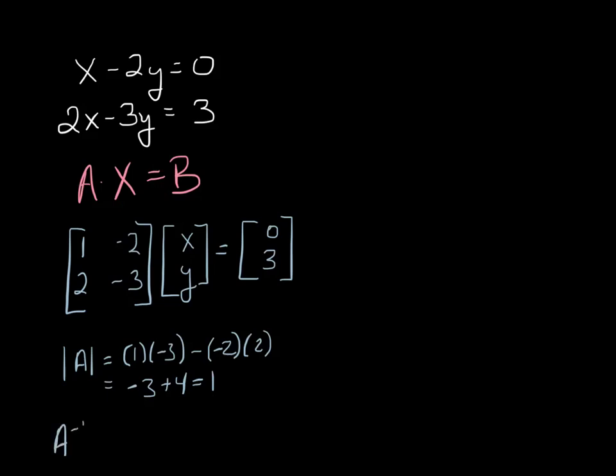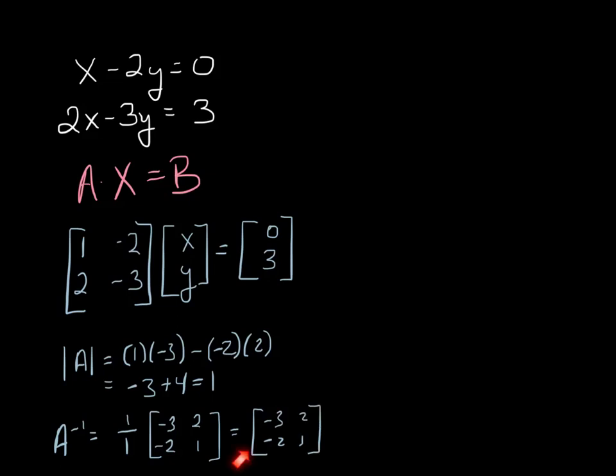So A inverse will be the reciprocal of 1 times, remember we switch these and negate these. So negative 3 here and a 1. This becomes positive 2 and this becomes negative 2. So A inverse looks like this.